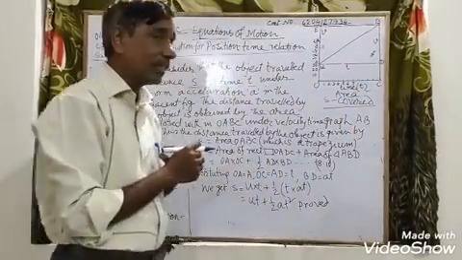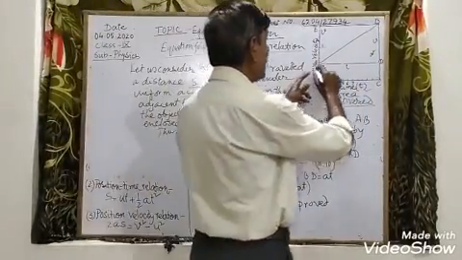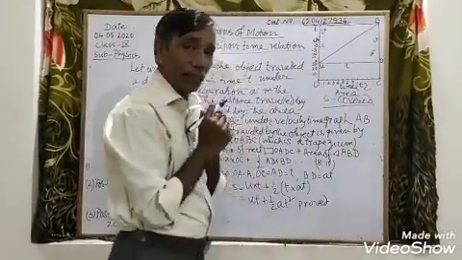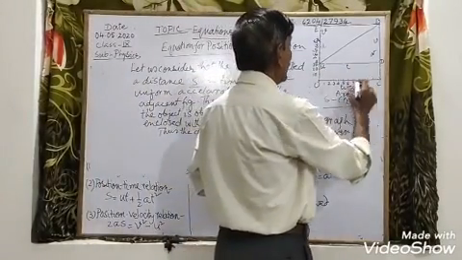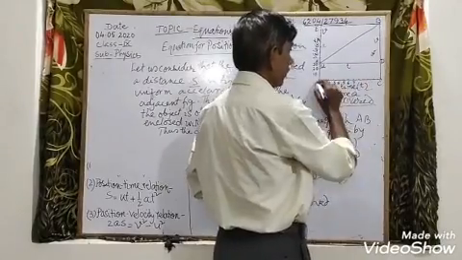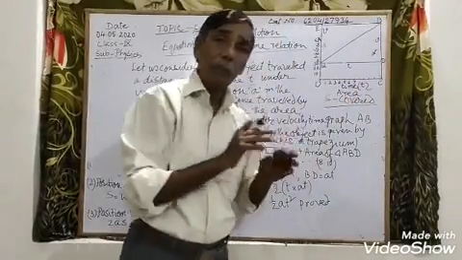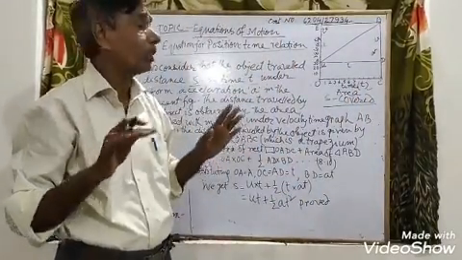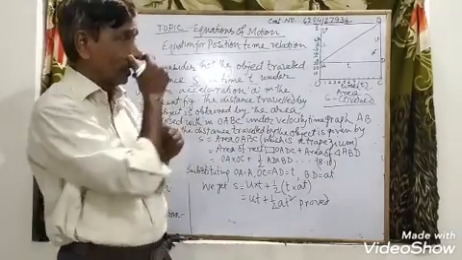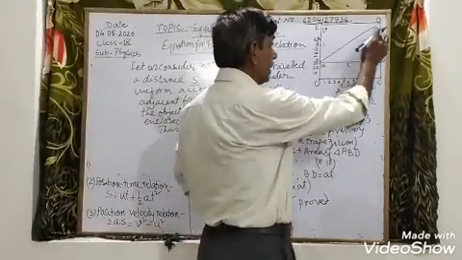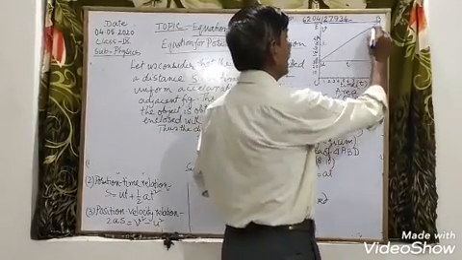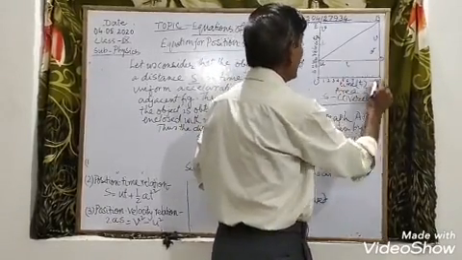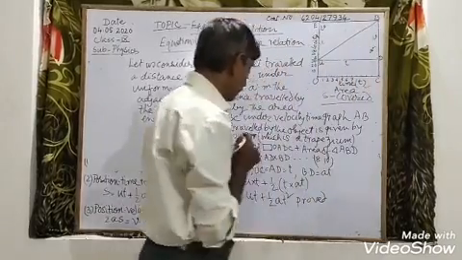This enclosed area is in the shape of a trapezium, which we already studied in geometry. This trapezium includes one rectangle, OADC, and one triangle, ADB.